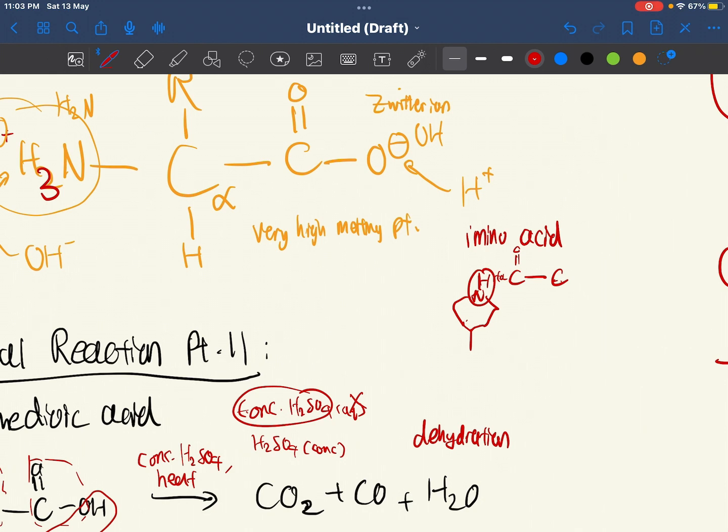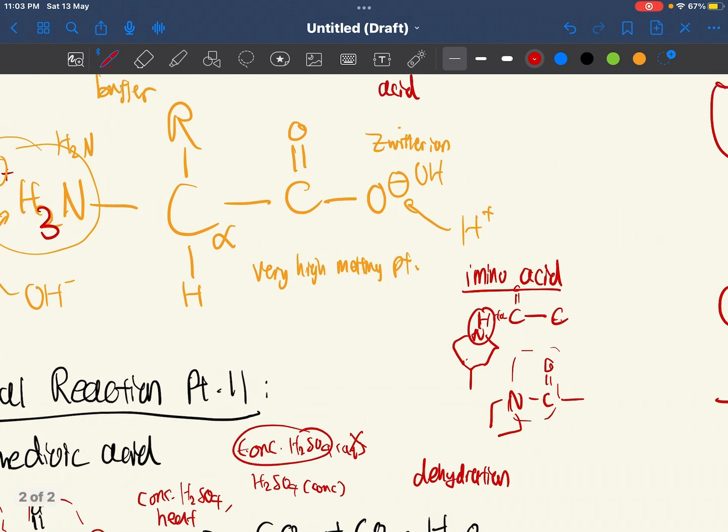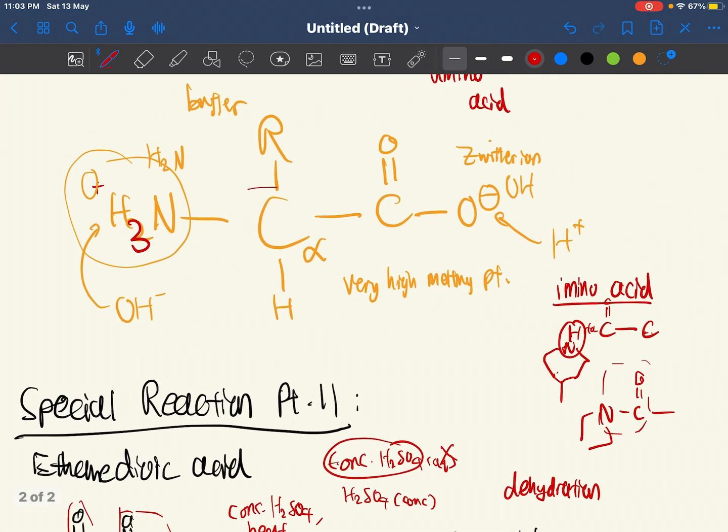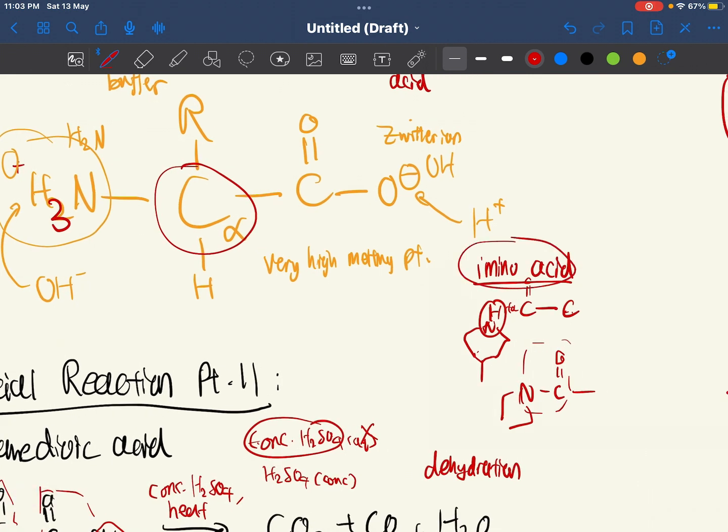Then I form a compound with this. So this is an amide bond actually. If you look at it, it's very interesting. It's called an amino acid. So it's kind of different to what we think of as an alpha carbon, but yeah. So this is an amino acid. So it's kind of different.